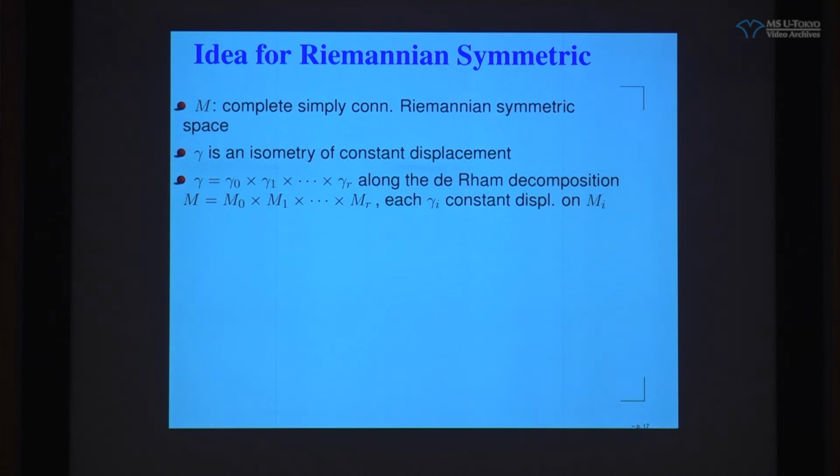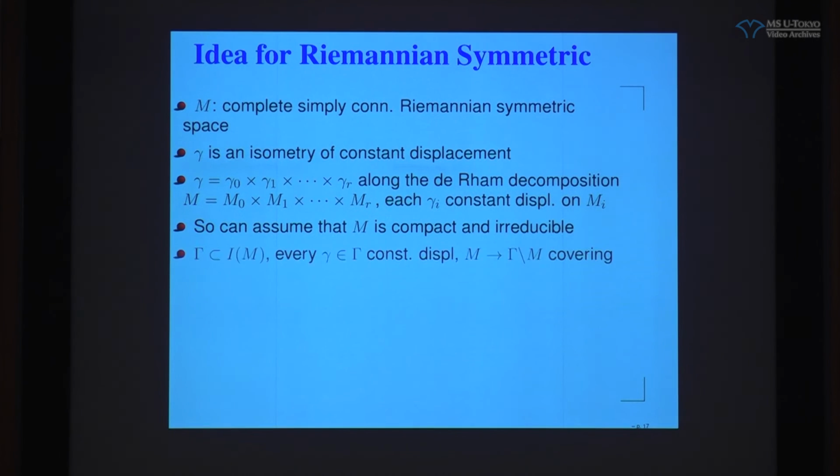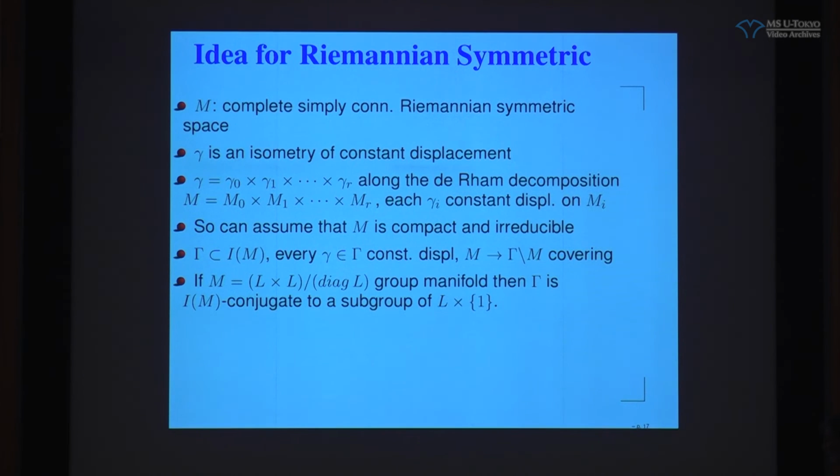So the first case there is where M is a group manifold. So we have a compact simply connected group L, the group L simple. And M is L cross L mod the diagonal. And the point is to show that gamma is conjugate in the isometry group to a group of left translations.